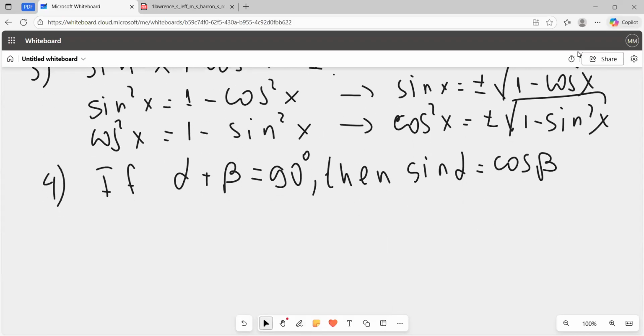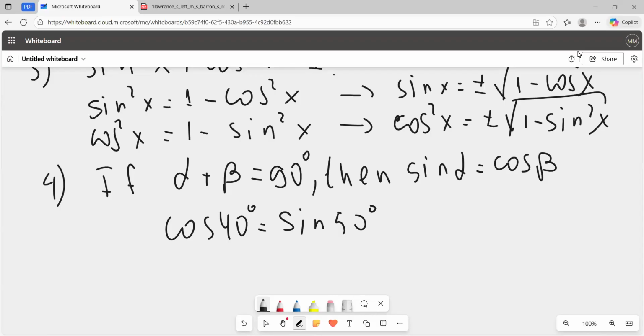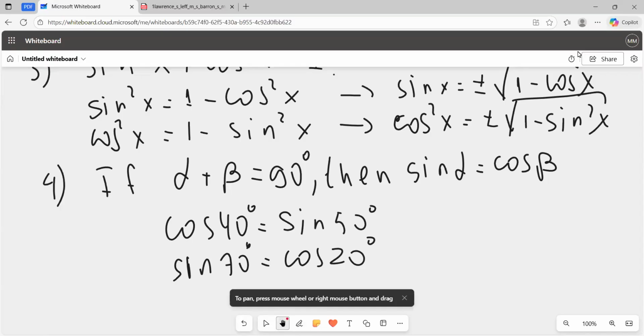For example, cosine of 40 is equal to sine of 50 degrees, or let's say sine of 70 degrees is equal to cosine of 20 degrees. Okay.